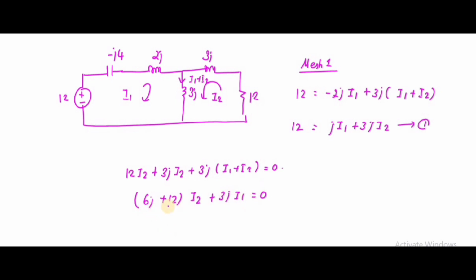If I divide both terms by 3, (2J plus 4) I2 is equal to minus J I1. So what is I1 into J? I1 into J is minus of (2J plus 4) into I2. So this is your second equation.